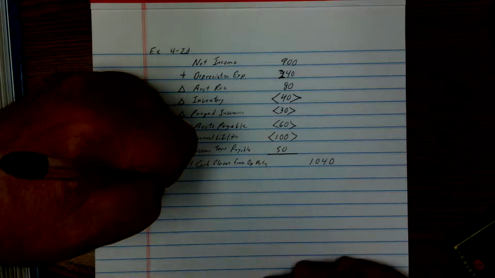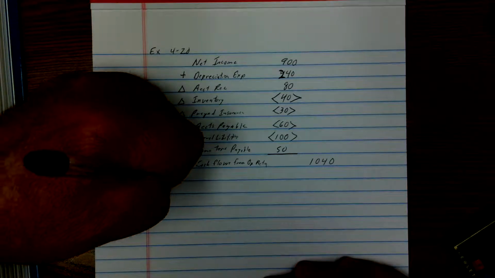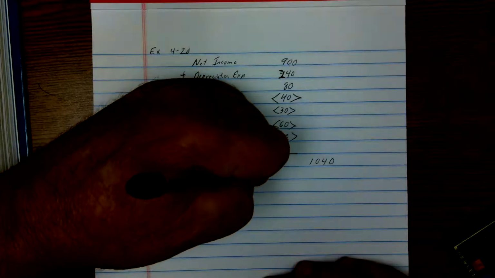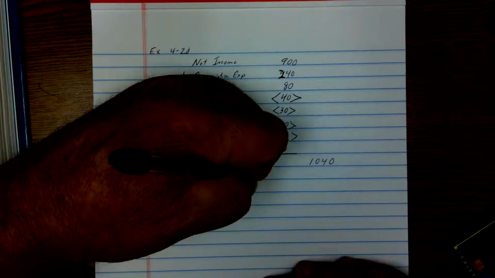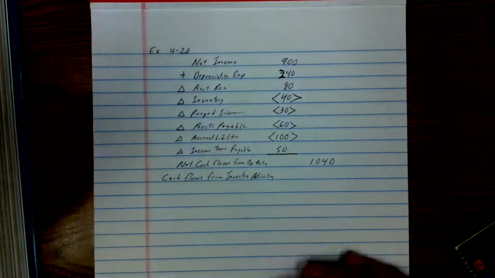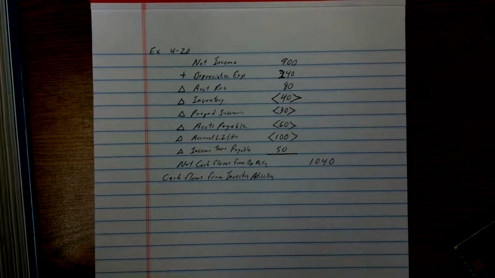Next, we go to cash flows from investing activities. Now, you will always find the cash flows from investing activities in the assets section. So we go down to the equipment.